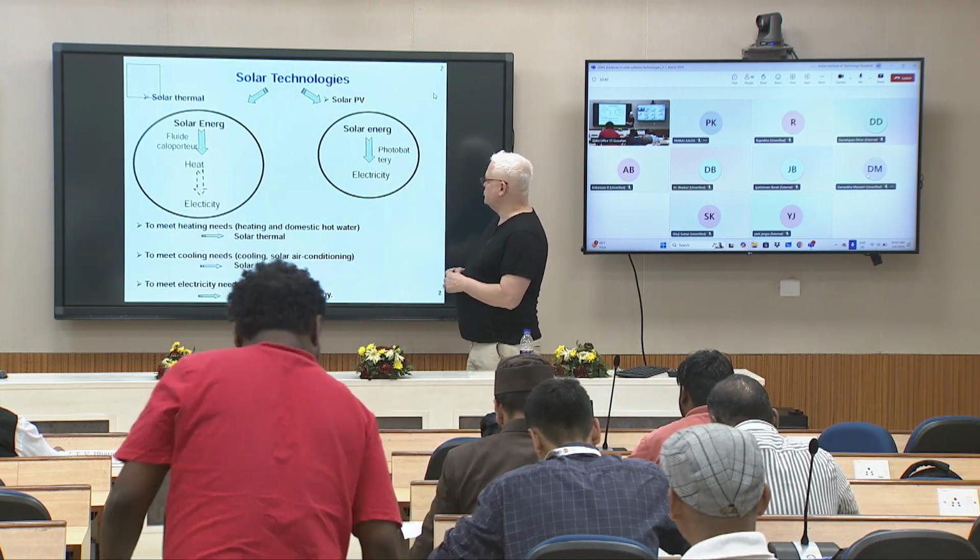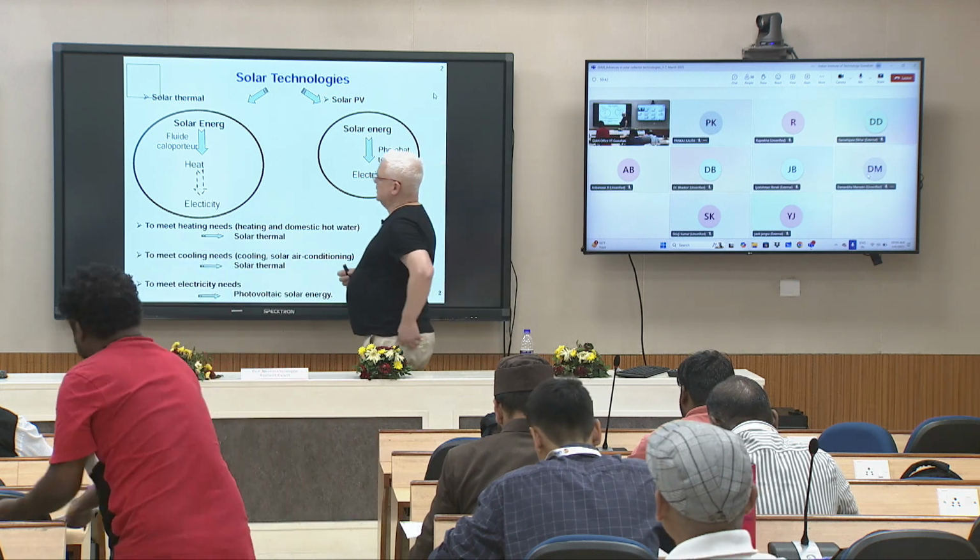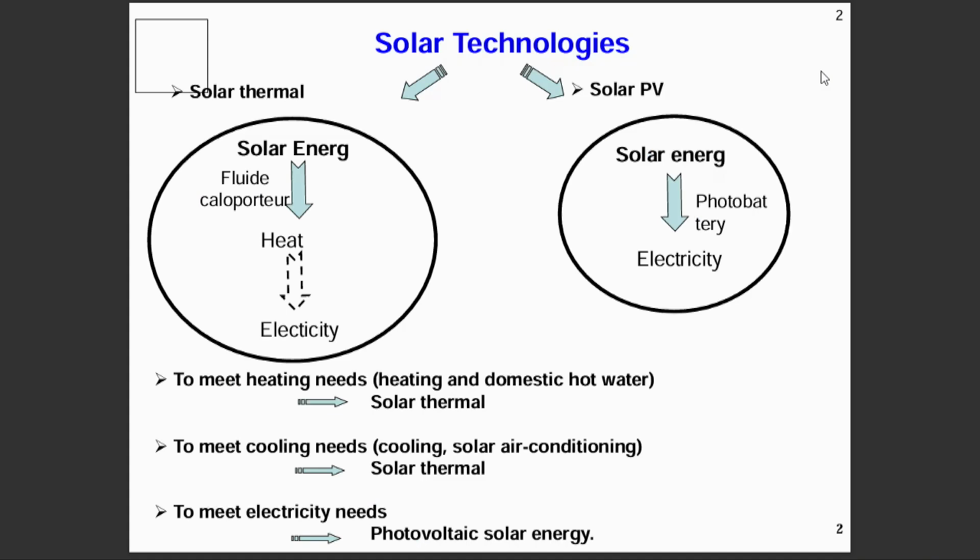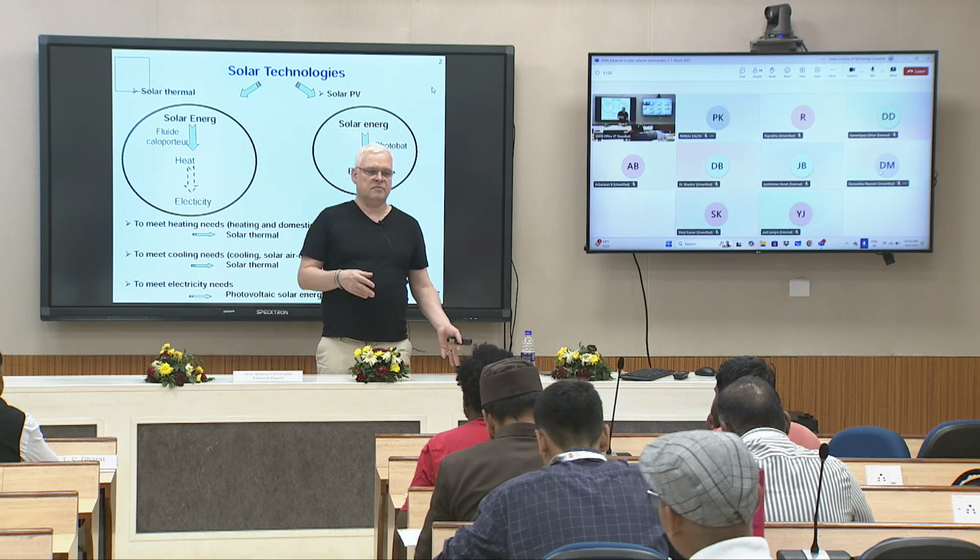To remind you, there are two big families: solar PV, that we just dealt with, and solar thermal. With solar thermal, it's a low density, so there are different technologies, but it goes to low temperature.